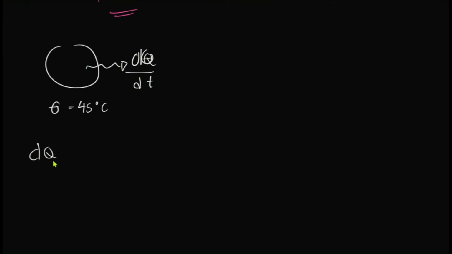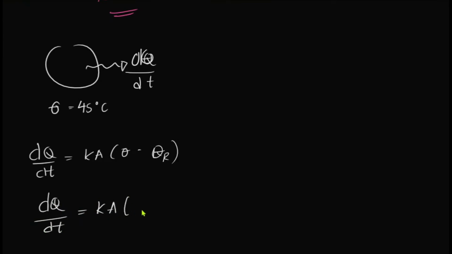So once again I'm going to use the same equation. dQ/dt is equal to kA(θ − θr). In this case, what we need to find is dQ/dt. kA is a constant, θ is 45, and θr is 30, and this is the third equation.